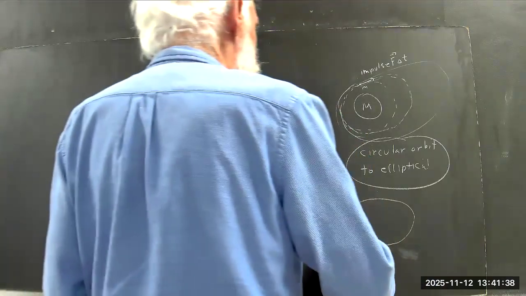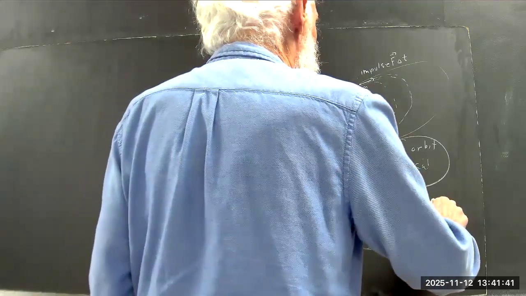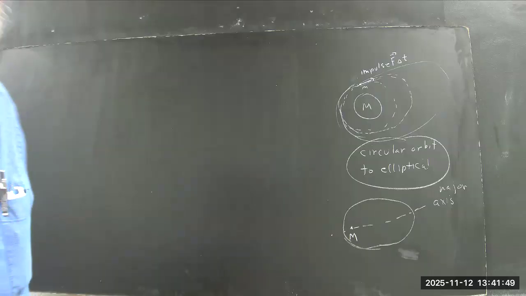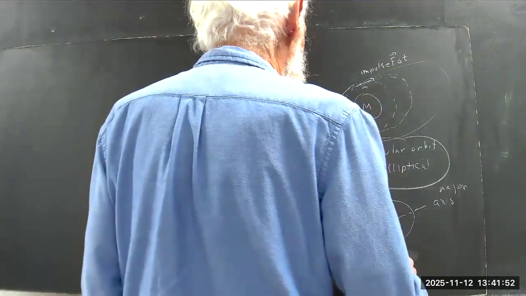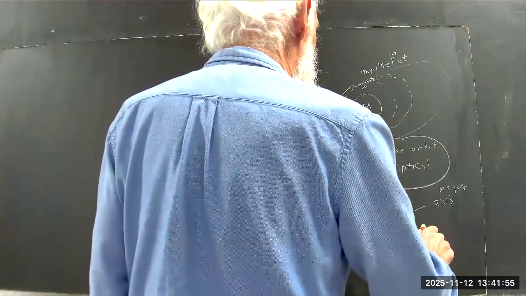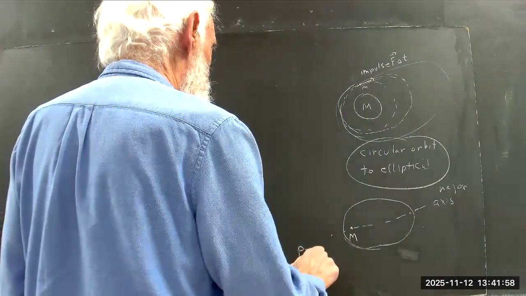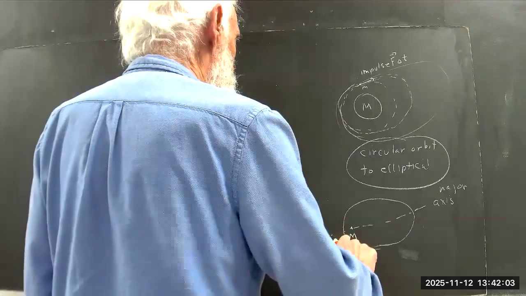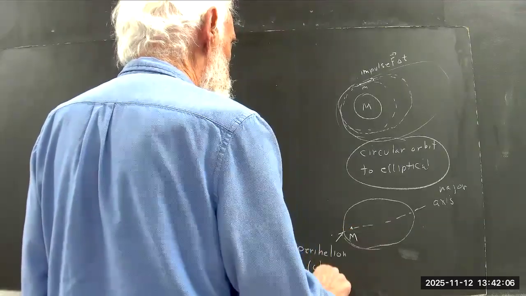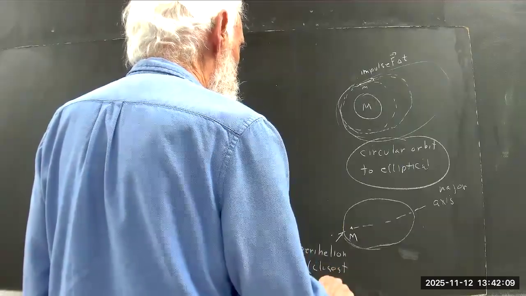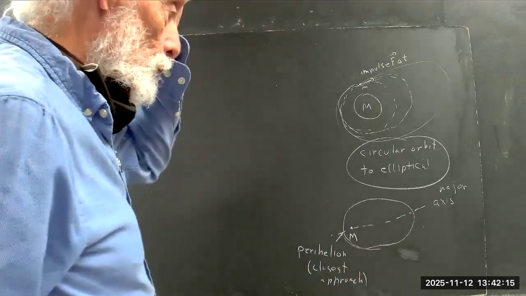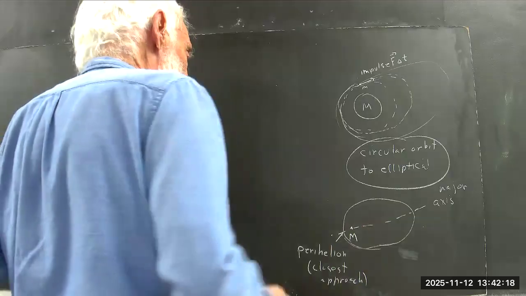In any case, the ellipse has a major axis. Perihelion is your closest approach to the mass big M.